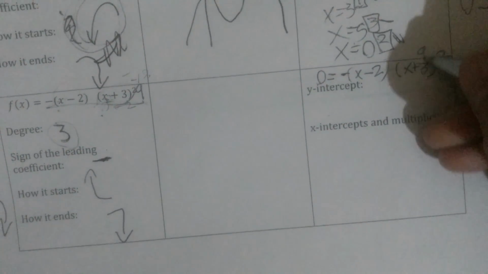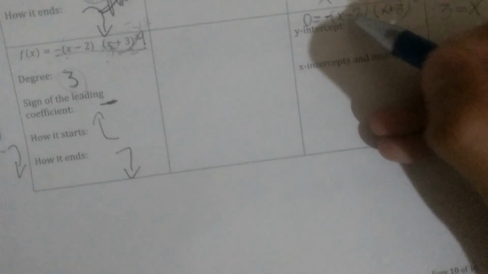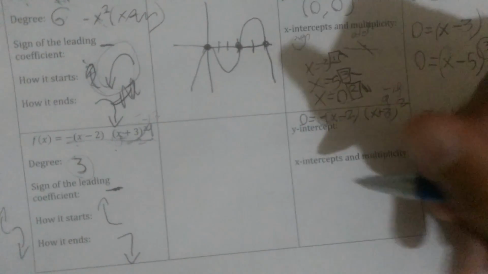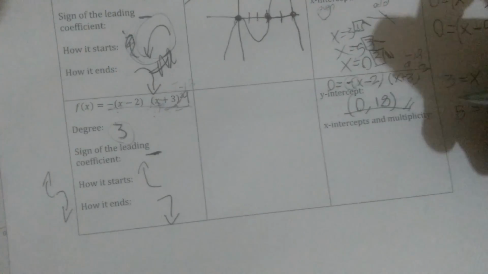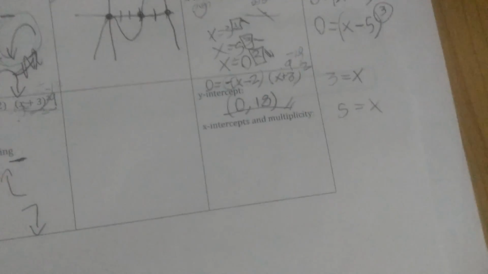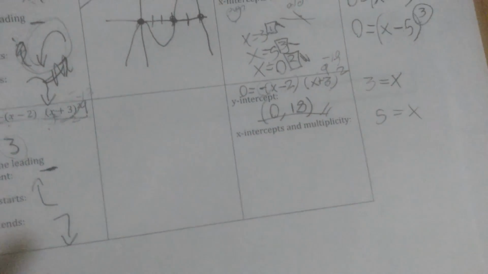So we have 9 here and minus 2 here. Minus 2 times 9 is minus 18, times the minus that is here, it would be positive 18. So when x is equal to 0, y is 18. This is my y-intercept.